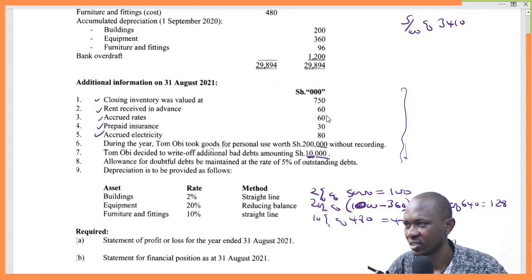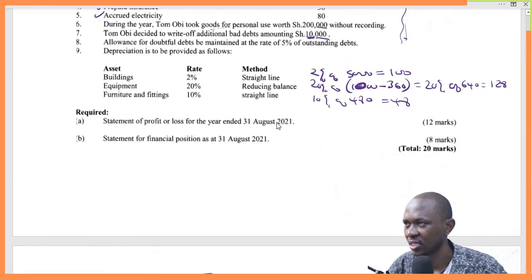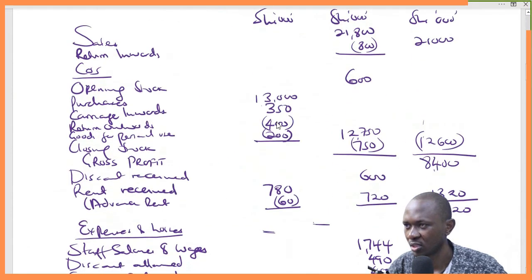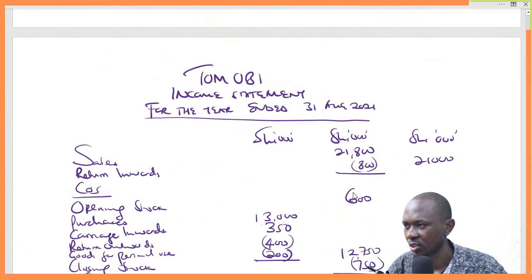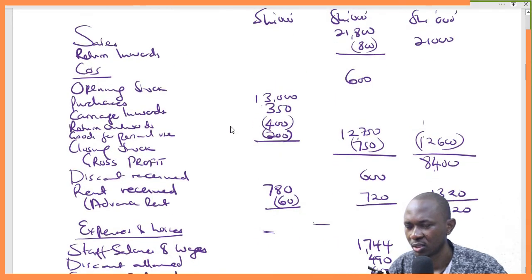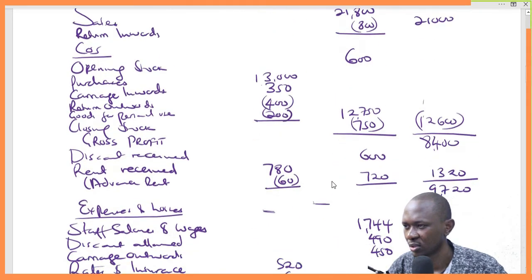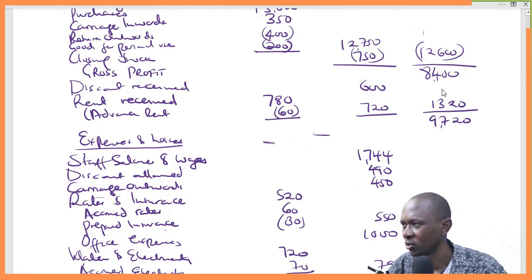So 750, 60, 60, 30, 80. These are additional information. So let's just check, especially on this additional information. So 800. Check all this. And additions, need to check on additions.